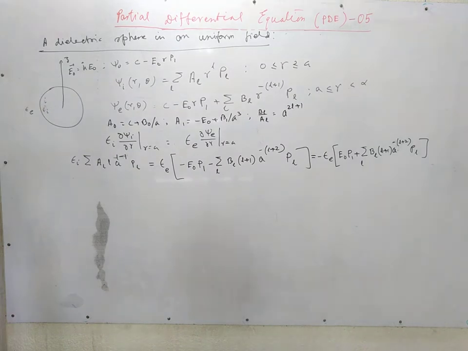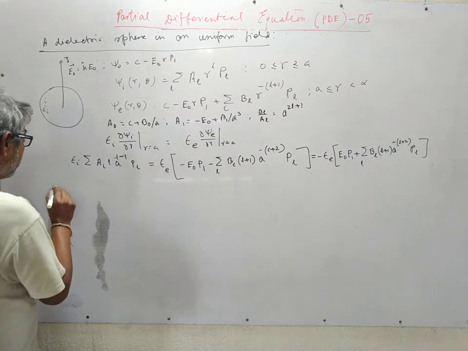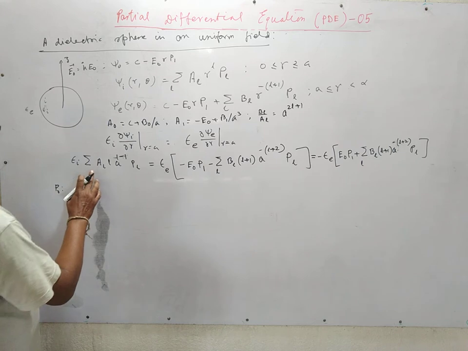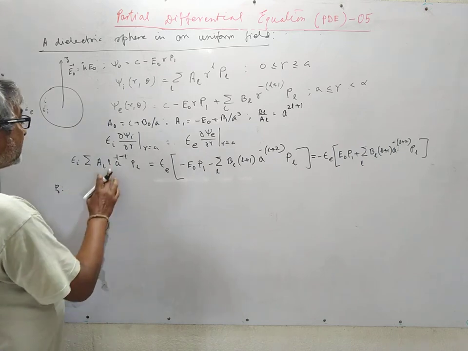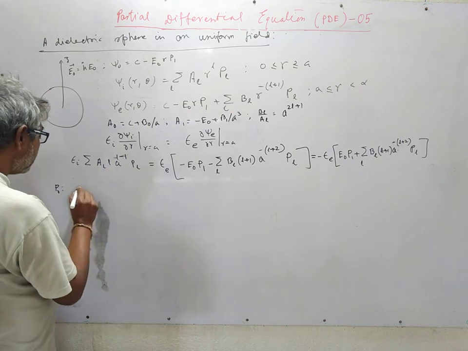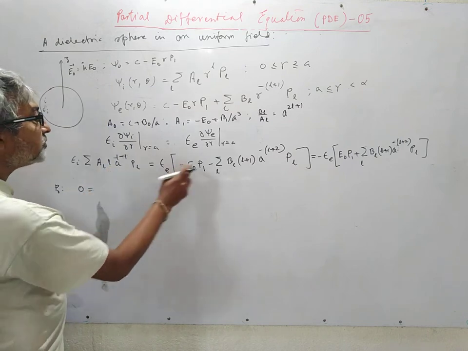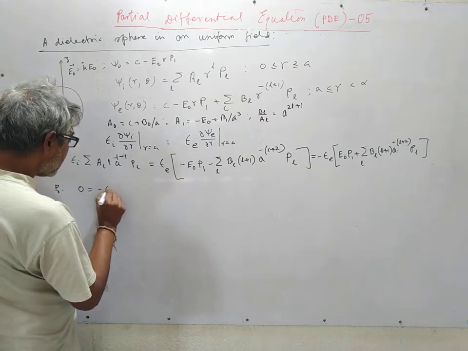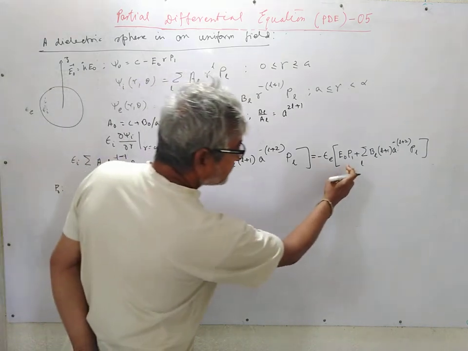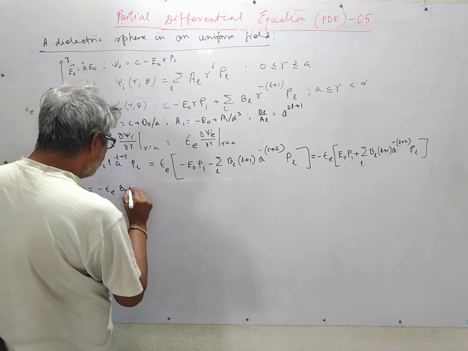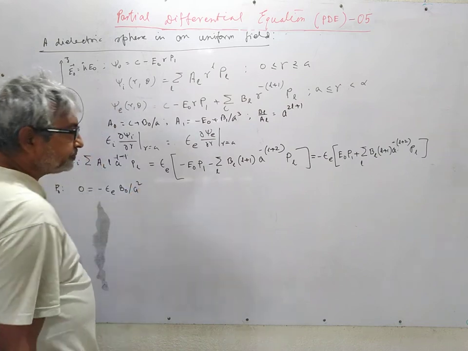This is again an identity in PL. So the coefficient of P0: this is A0 times 0, so on the left hand side we have 0. On the right hand side we have minus epsilon E times B0 by A square.